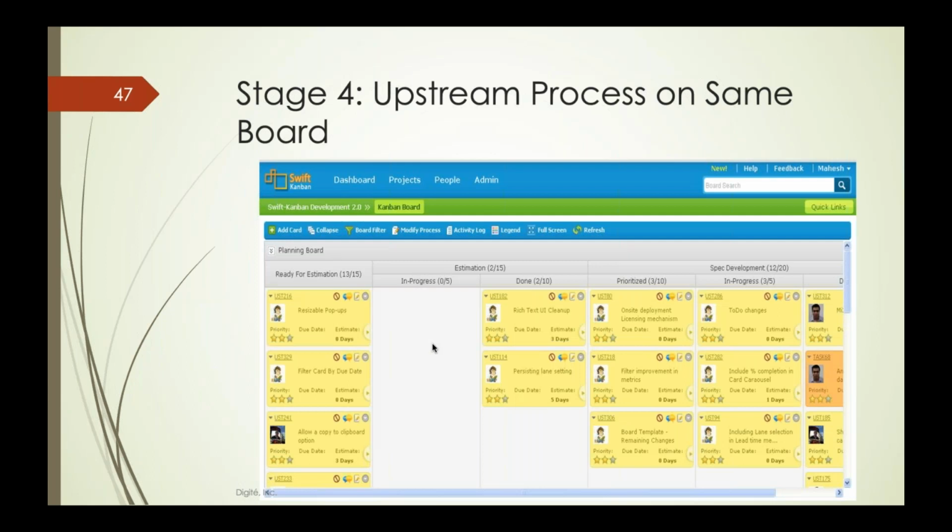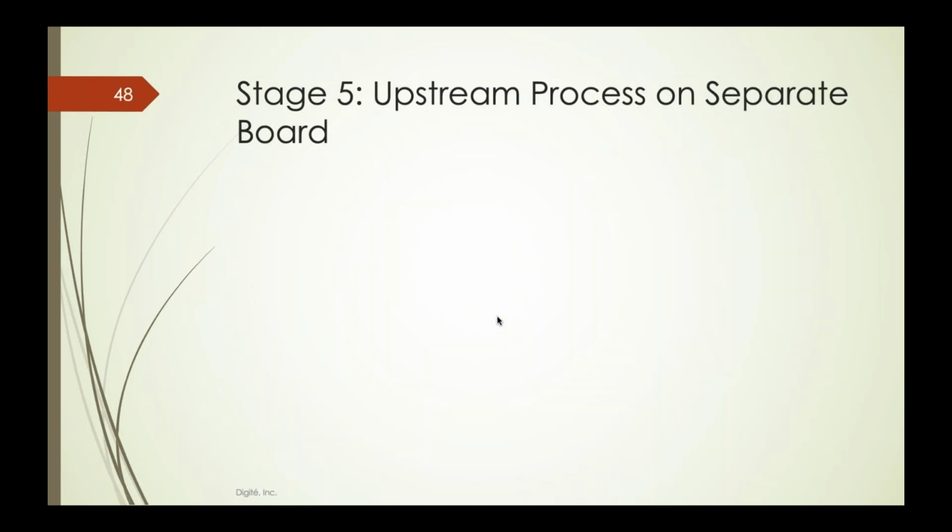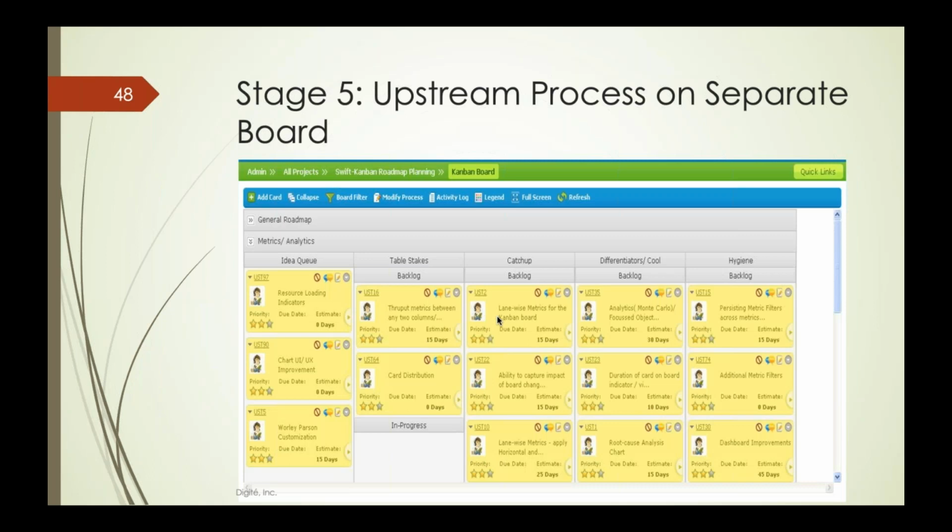And so you can see that as this started, we then moved forward to the next stage, and you can see this is our 2.0 version of the board, where we had a separate planning lane in the same Kanban board, which became the place where our product management team would work and detail out the work. And so this became the next stage of evolution for our own system. And in stage 5, we completely separated it into a different board altogether, and had a very elaborate board.